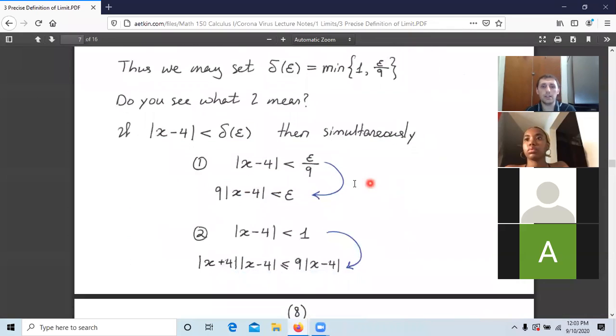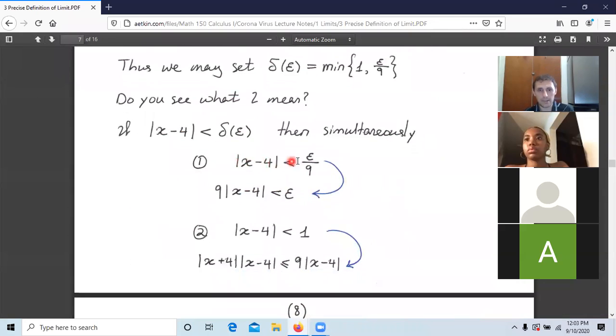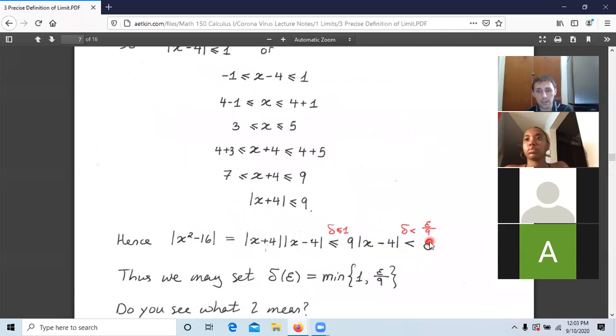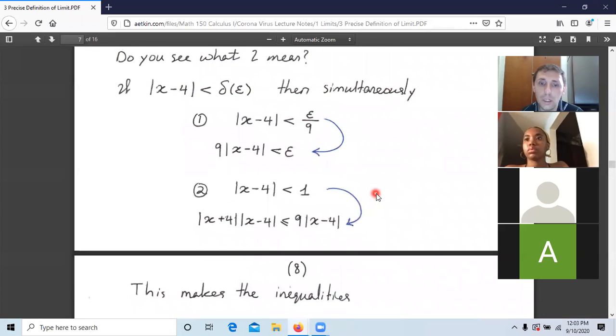And if I do that, here is what happens, right? If |x minus 4| is less than the minimum, it's less than both of the numbers, both epsilon over 9 and 1. If it's smaller than epsilon over 9, I get this line. And if it's smaller than 1, I get that 9 times |x minus 4| is bigger than this expression. So now you can put it all together, from here to here to here, and I accomplished my goal.